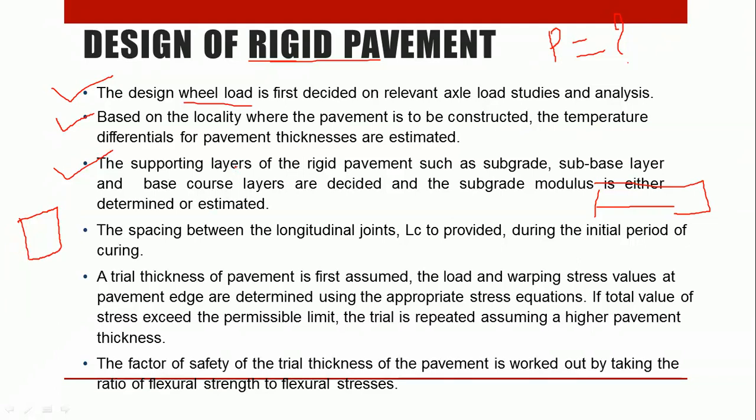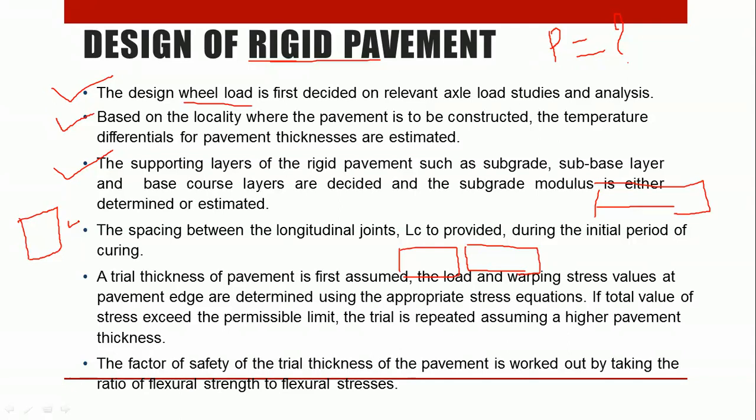The spacing we need to decide first: the spacing from one panel to another panel, and the curing time required, since it is a cement concrete pavement. So the spacing of the contraction joints and longitudinal joints is determined. That is the fourth step of designing a rigid pavement.